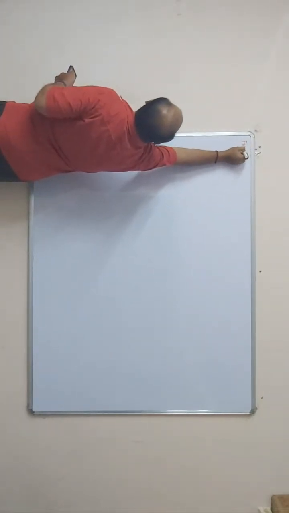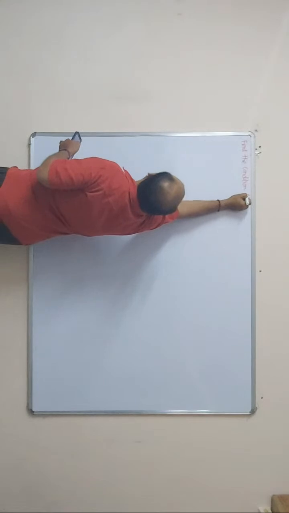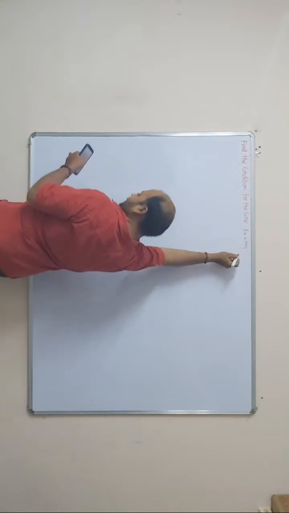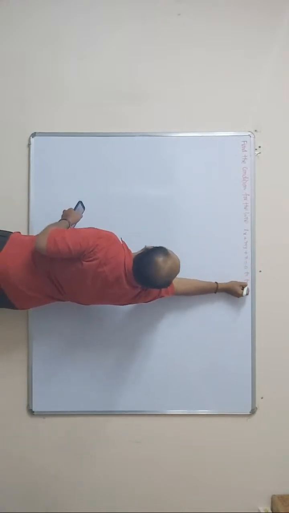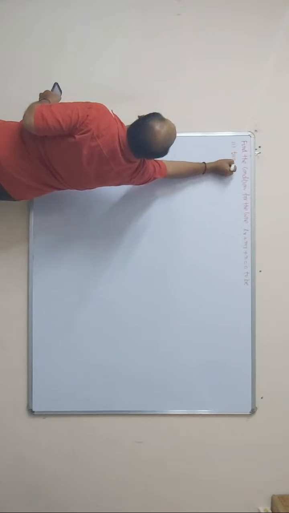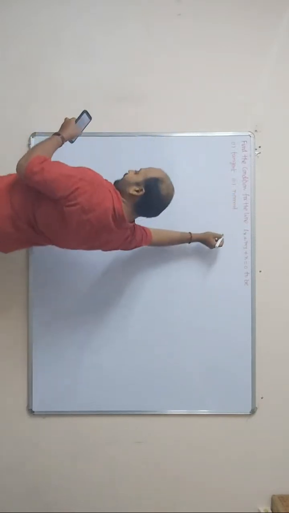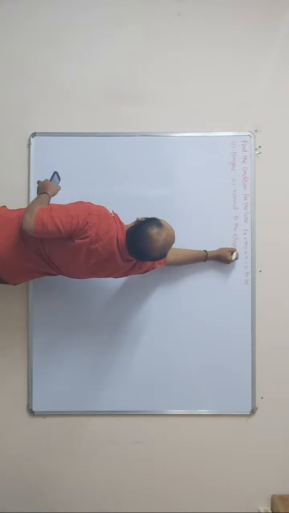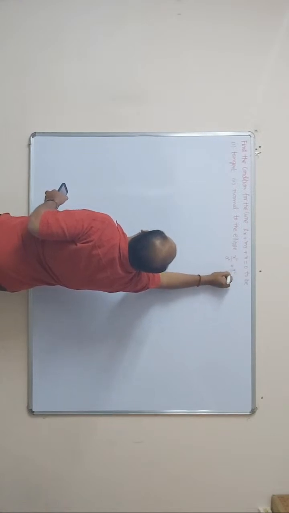Find the condition for the line Lx plus My plus n equal to 0 to be, first one tangent, both the conditions I am explaining, tangent, second one normal, to the ellipse x square by a square plus y square by b square equal to 1.